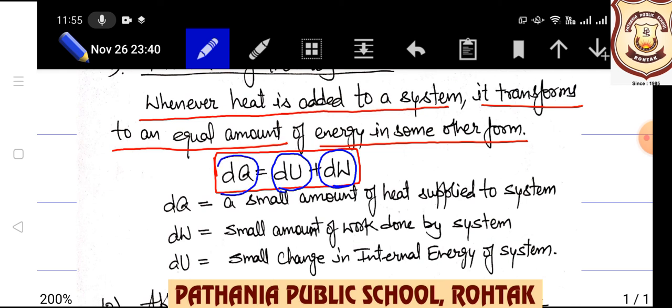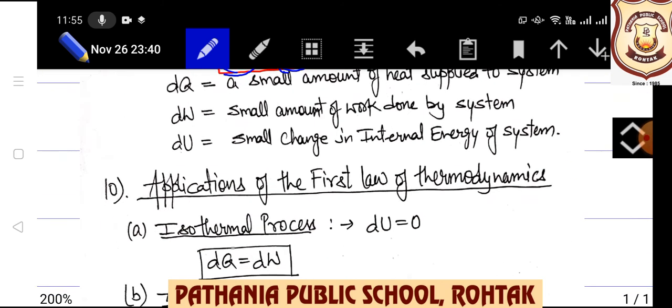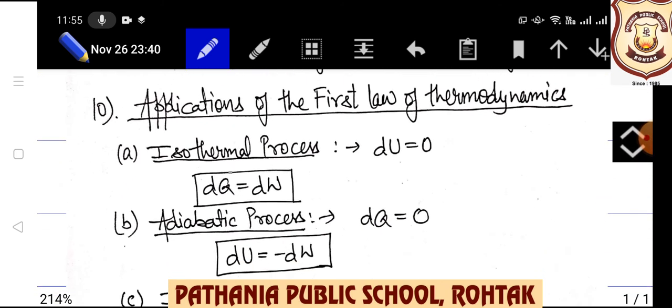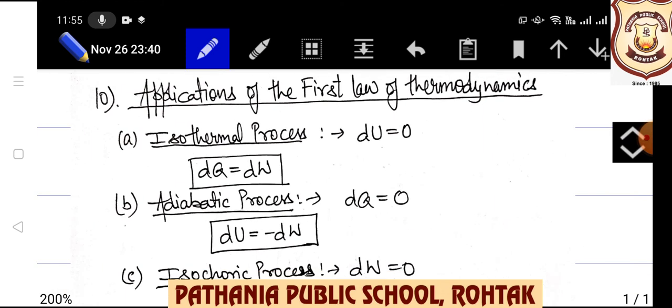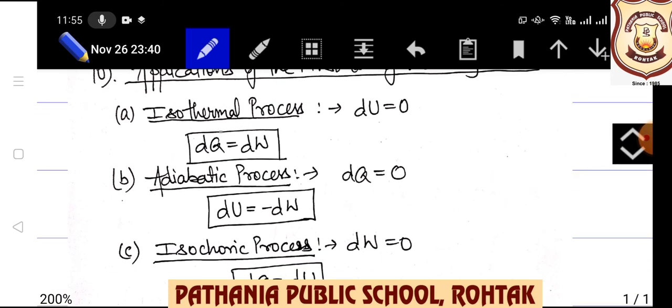We can apply the equation of the first law of thermodynamics to various processes in thermodynamics. In an isothermal process, as we know, the change in internal energy is zero because temperature remains the same.